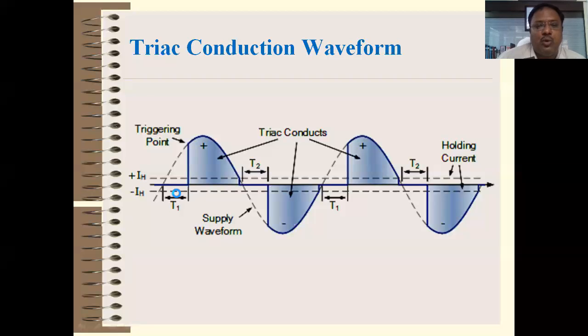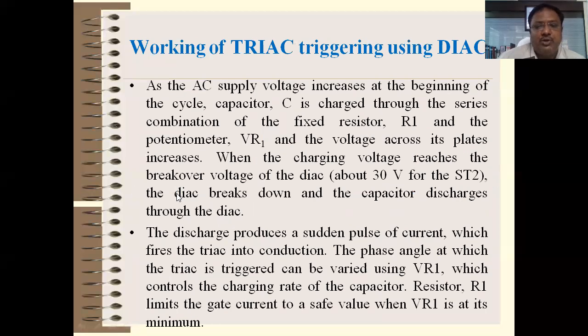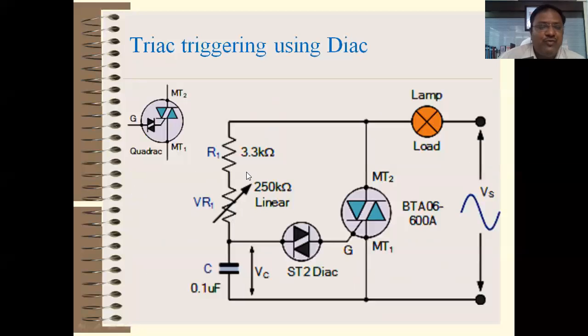But again, the voltage applied to the diac is controlled with the help of this variable resistor R1 and capacitor C. So the RC time constant you can change by changing the value of R1. As your R1 changes, the capacitor voltage also changes, or it may take more time to charge the capacitor up to the breakover voltage of the diac.